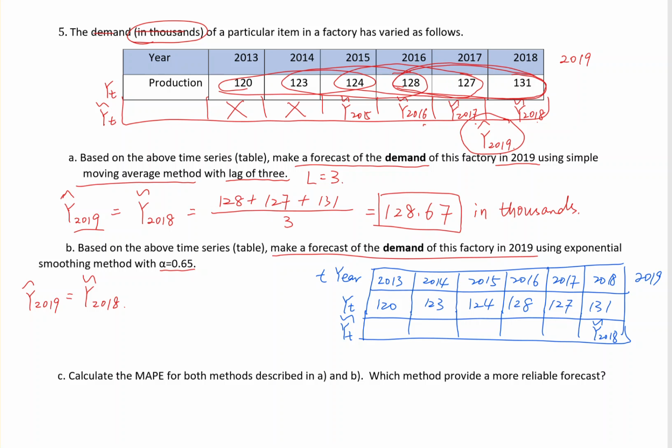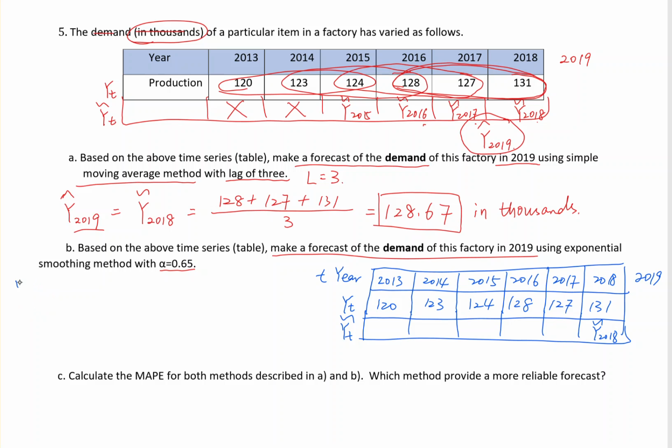But for the exponential smoothing method, you need to calculate the estimated value from the beginning, because the next one is based on the previous one. So you need to start from the beginning. All right, so let's work on that.